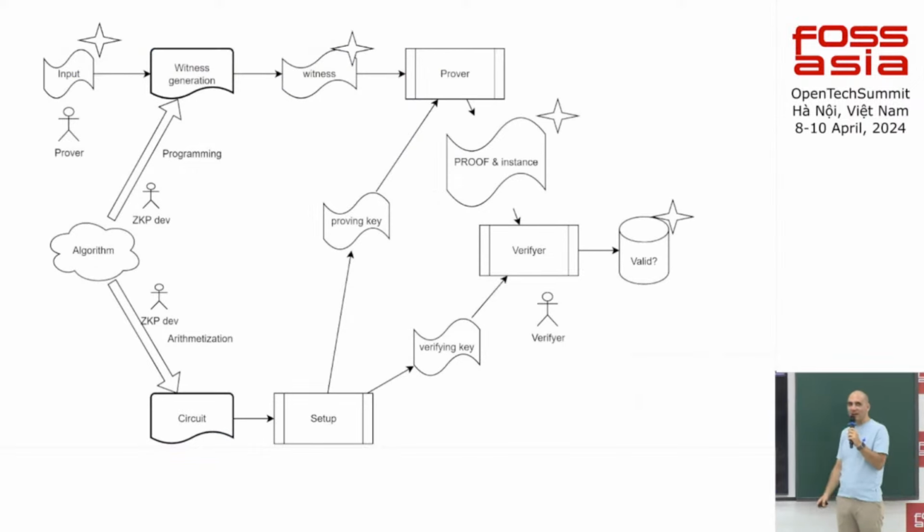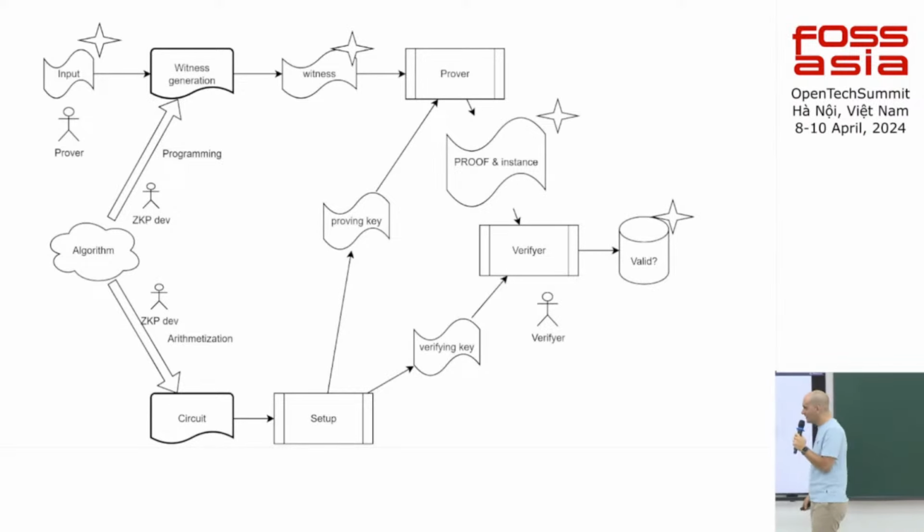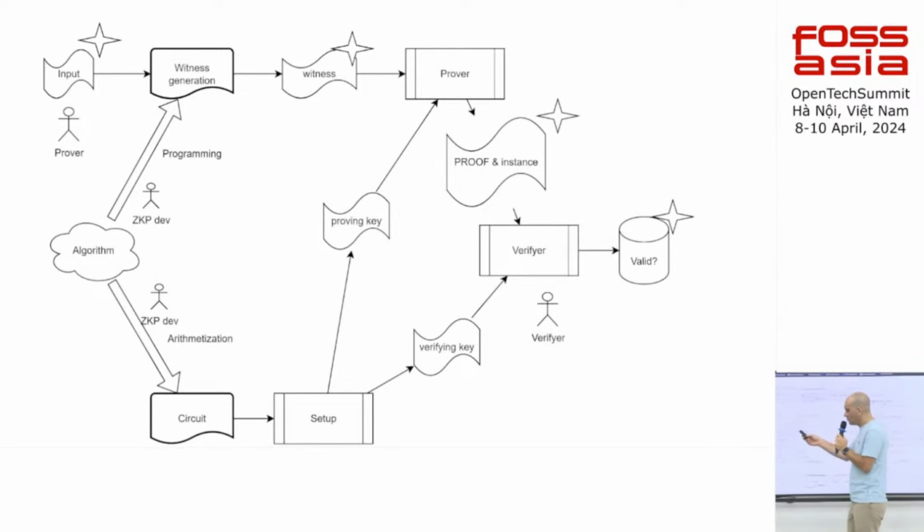So I try to explain it here in a very cool diagram, okay? Let's see if everyone understands. We are trying to generate a zero knowledge proof protocol for a specific algorithm, okay? So what does the developer have to do? The developer has to build two programs, okay? With normal programming, you have to build the witness generation.